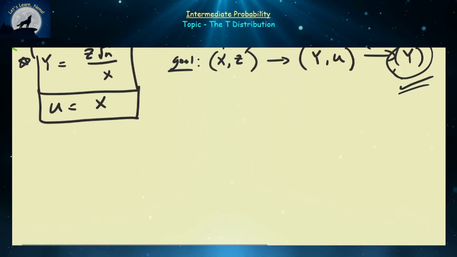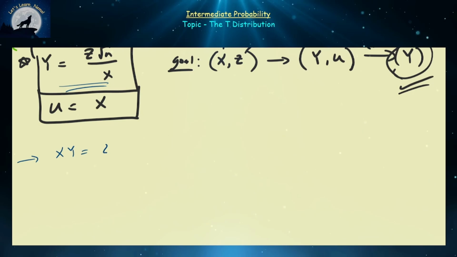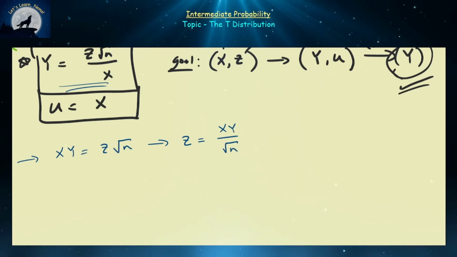All right? So once we have this, we can start performing some change of variable tricks. Solving the very first equation for z, we can find that x times y will be equal to z times the square root of n, and this is going to force z to be equal to xy all over the square root of n. And if we solve u equals x for x, then you can clearly see that x is equal to u.